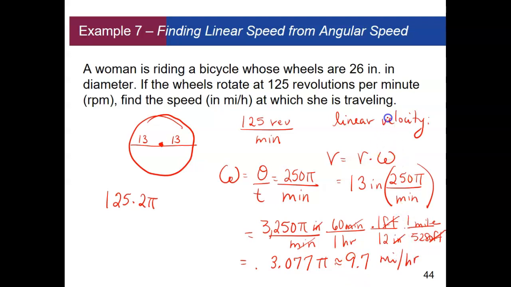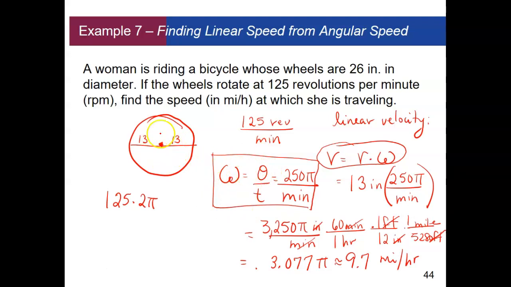So just to recap on this, there's kind of a lot going on. Our linear velocity, which is what we ultimately need to find here, is going to be our radius times our angular speed. So our radius is 13, and our angular speed we find over here. So for angular speed, we need to look at how many revolutions.